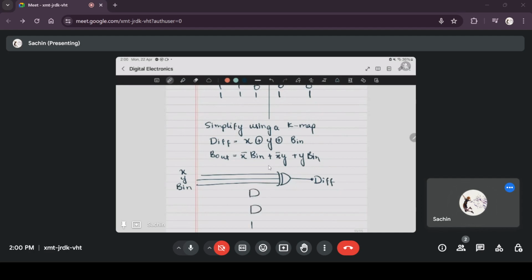For the borrow output, it's a sum of three AND terms, and the three AND terms are x bar b in, x bar y, and y b in.